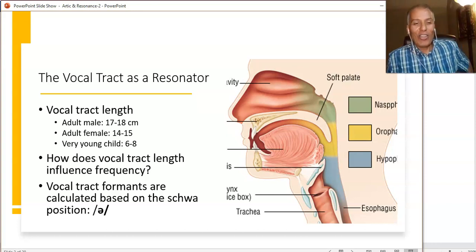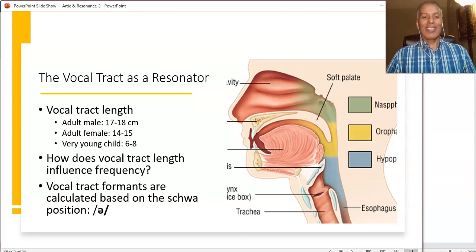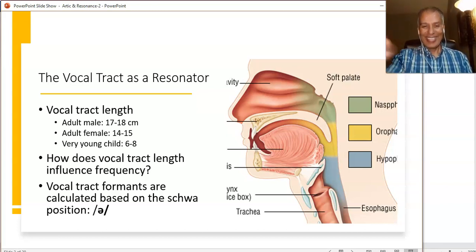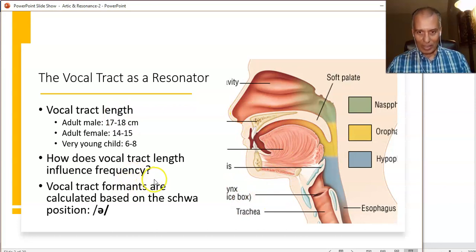They even make shirts for it. You can Google "I want to be a schwa," made by speech language pathologists. The schwa is the smallest sound. It requires the smallest amount of modification in the vocal tract, and it is the closest to rest.